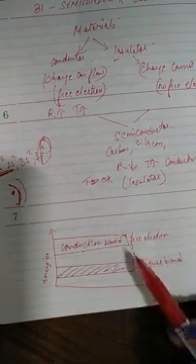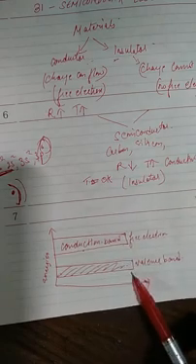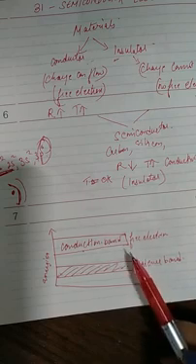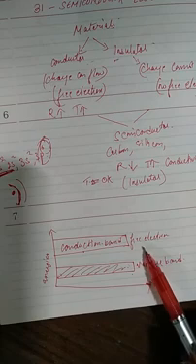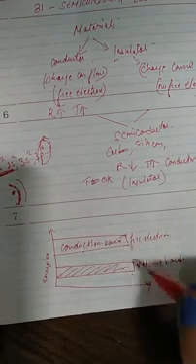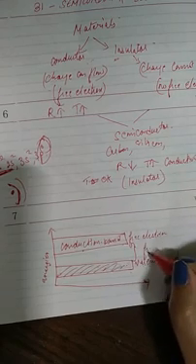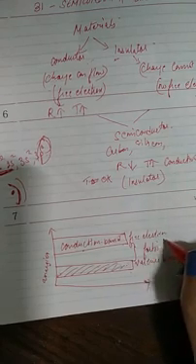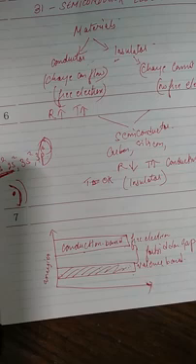Now the third point. Electrons in the conduction band have higher energies than that of electrons in the valence band. Now the last one is, the conduction band electrons are not bound to the nucleus of the atom. They are free electrons, they are free to move. Now the gap between conduction band and valence band is known as forbidden gap or forbidden band or energy gap.